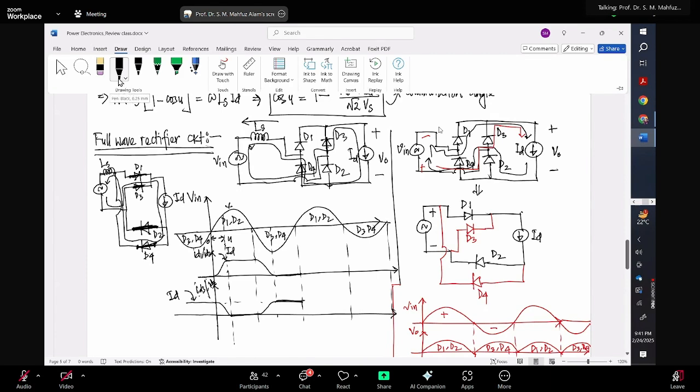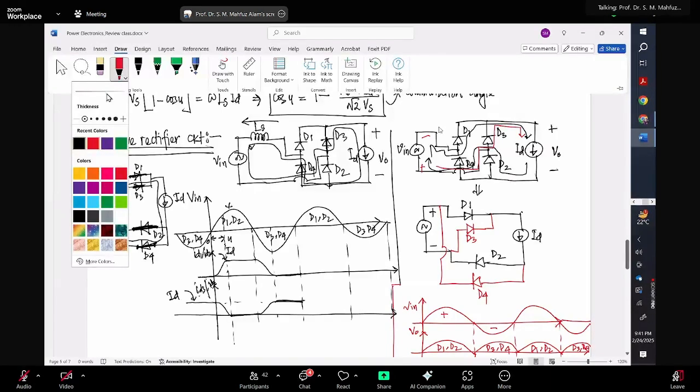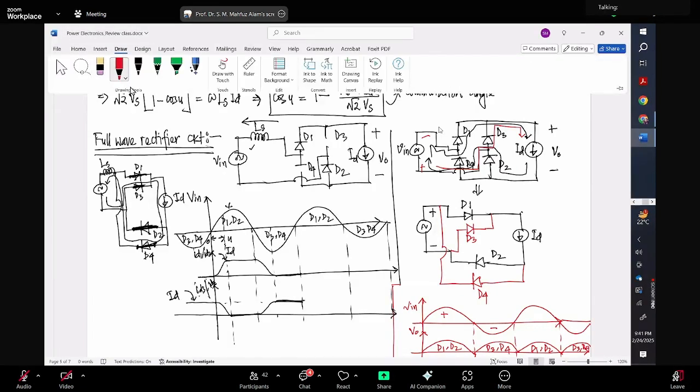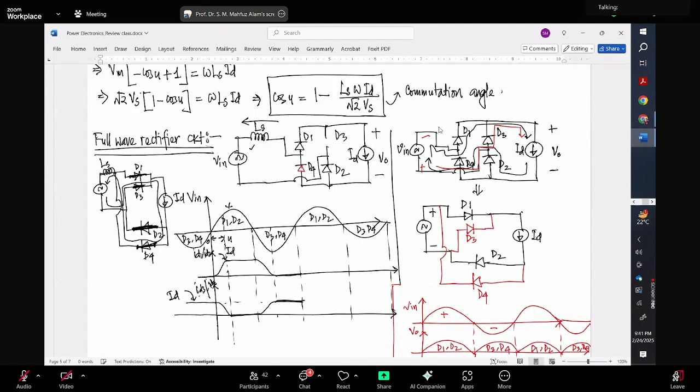And now during the positive half cycle, when the polarity is reversed, in that case D1 and D2 will be short circuited, and the current through the inductance will be like this.